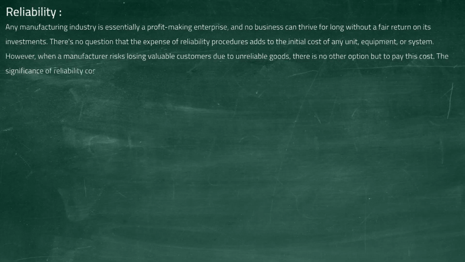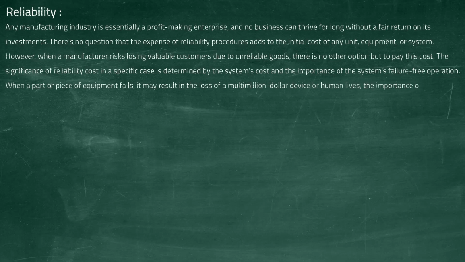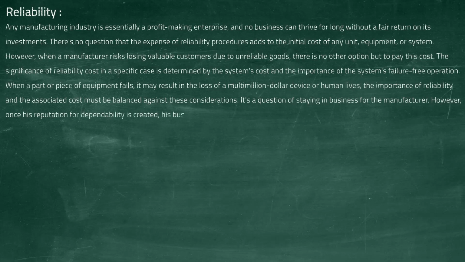The significance of reliability cost in a specific case is determined by the system's cost and the importance of the system's failure-free operation. When a part or piece of equipment fails, it may result in the loss of a multimillion-dollar device or human lives. The importance of reliability and the associated cost must be balanced against these considerations. It's a question of staying in business for the manufacturer. However, once his reputation for dependability is created, his business volume and profit will skyrocket.